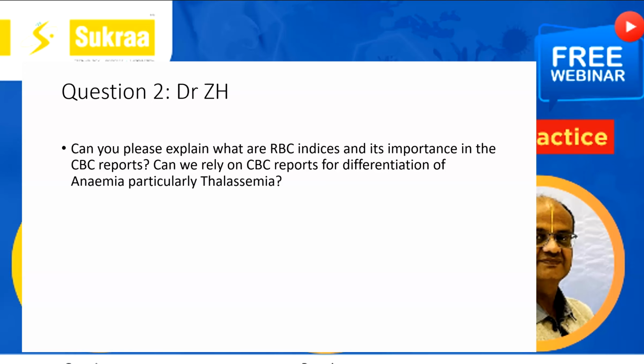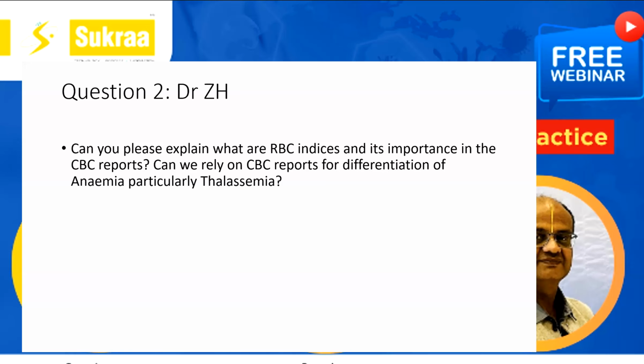But I think the confirmation has to be done by peripheral smear analysis, some special stains like the supravital stains, and run the EDTA blood on the HPLC, as well as run the iron profile to differentiate between the iron deficiency anemia and the thalassemia. But since the commonest test asked in the laboratory is CBC, can CBC help in differentiation between iron deficiency anemia and thalassemia is often encountered. So I just thought this would be an appropriate question to be answered by the practicing group.